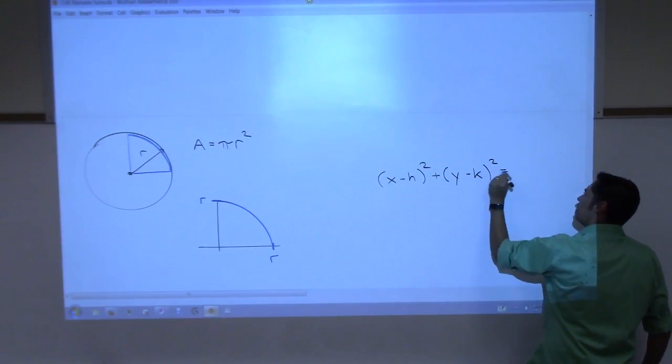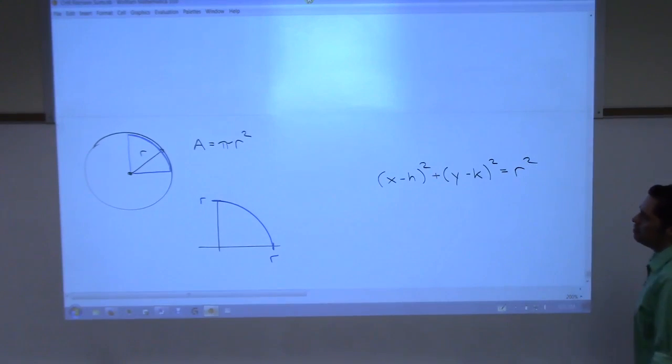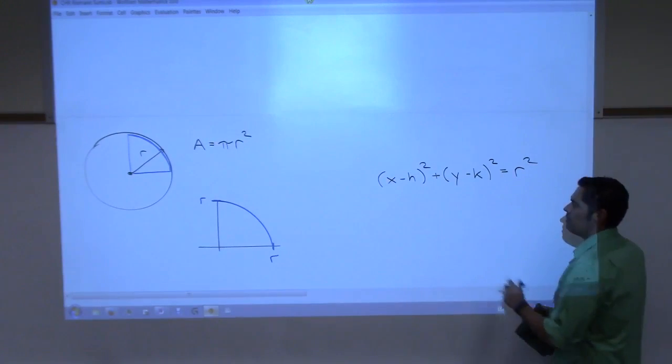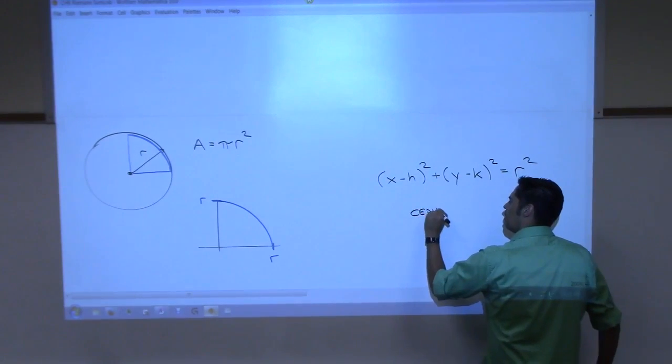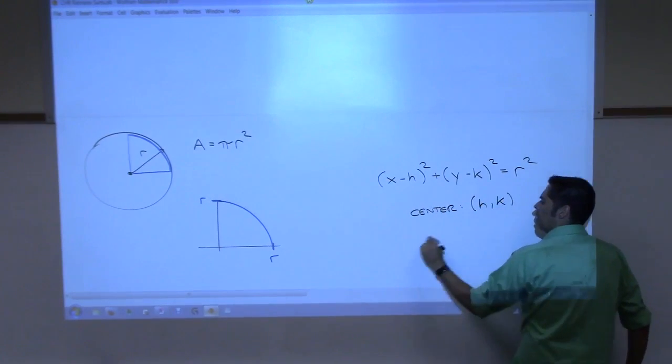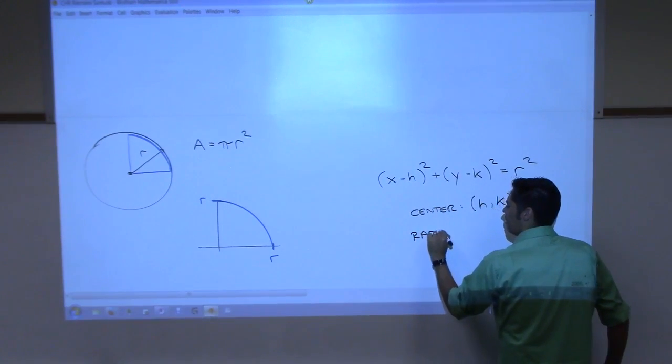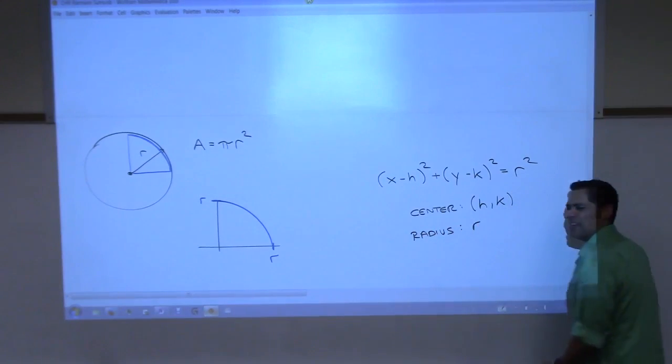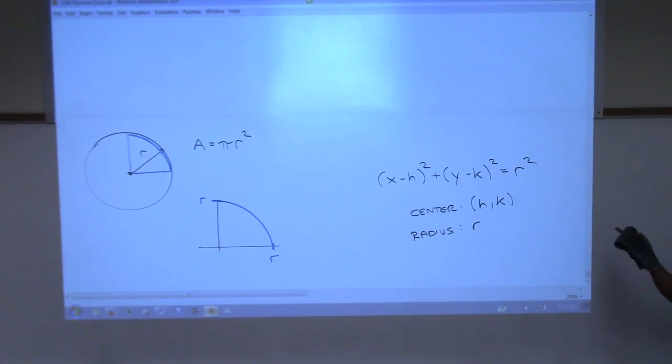Not today, not this semester, earlier. This was in pre-cal or in college algebra. This is the general formula for a circle that has a center at the point h, k, and it has a radius of r. Does that look familiar at all to you or not? I mean, if it doesn't, it's okay, but that's the general formula for a circle.